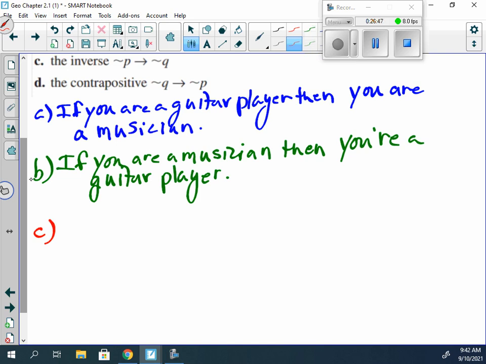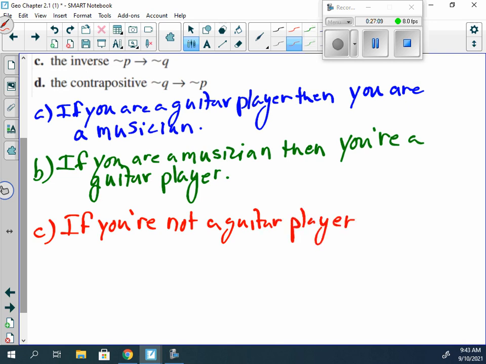The inverse, so not P implies not Q, yes? Well, our P statement was, you are a guitar player, yes? So the negation of it is, if you're not a guitar player, then you're not a musician.